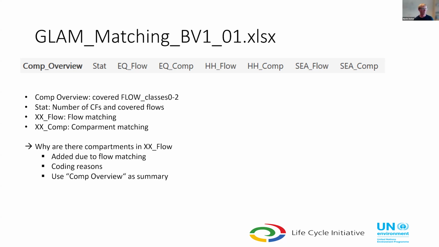So this is more for coding reasons for me to have it in there. And this is why there is this comp overview. There you can see all the compartments that are covered and how the matching has been done. And maybe also whether a compartment was just added, for example, an emission to air unspecified. So this is all transparent here.